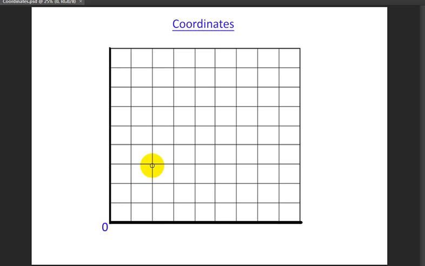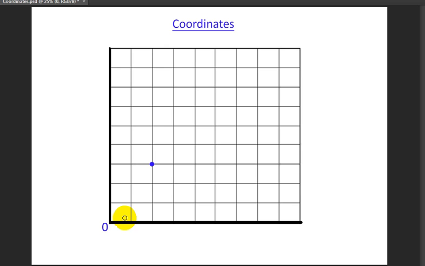And you want to figure out what is the position of the blue point that I just put there. And I want you to imagine that all the black lines are streets, and all the white parts are buildings. So you can't go from the zero straight to the blue point. You need to move on the streets, right?